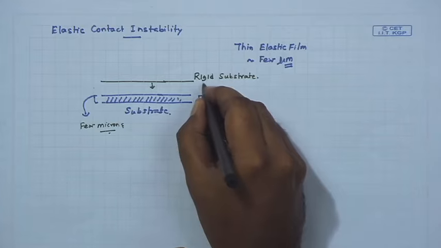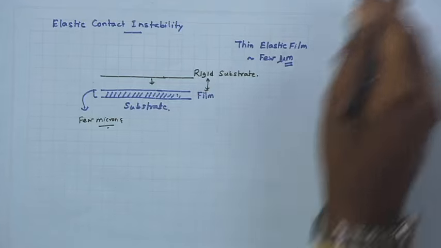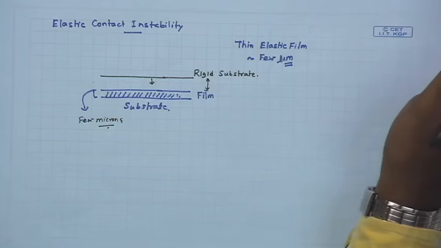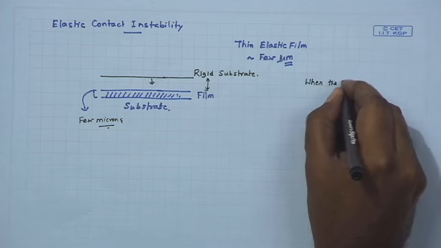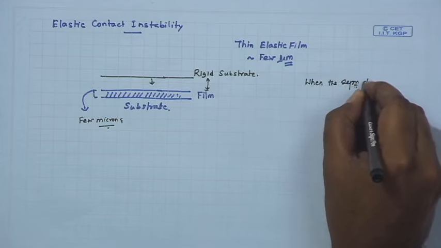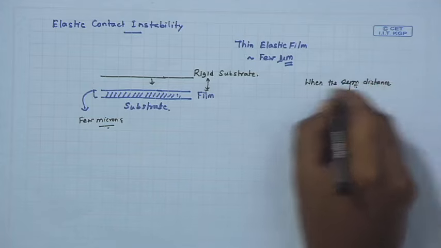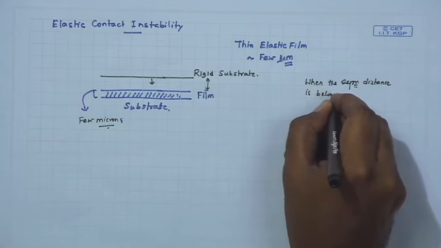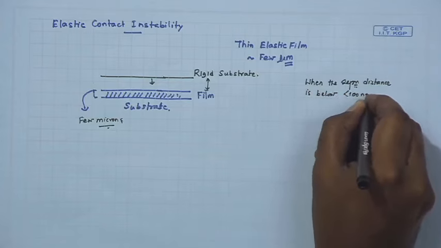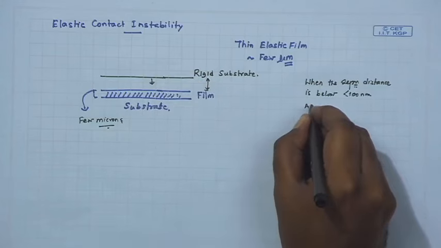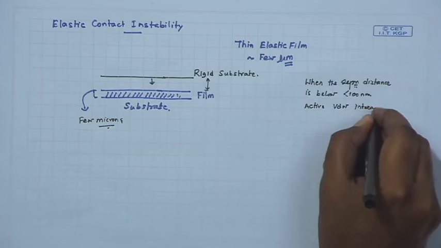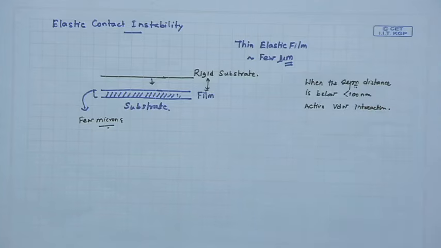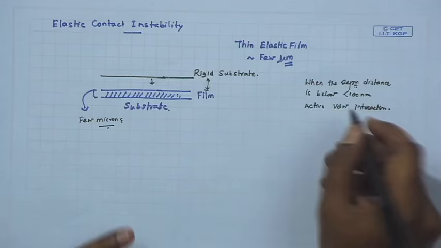But suppose the contactor is close enough to the film and you are bringing it very slowly, then when the separation distance is below that critical range of 100 nanometer, there is now active VDW interaction, van der Waals interaction, between the film and the rigid contactor.